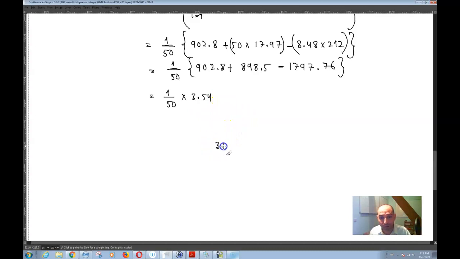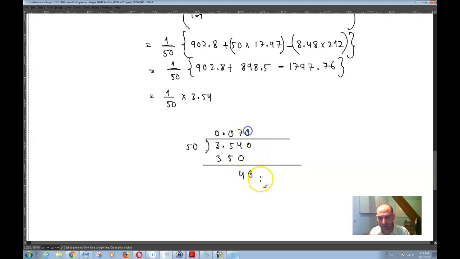So now if you have 3.54 divided by 50, you have 0.0, and then 354 divided by 50: 7 times 50 is equal to 350, remainder 4, then 8 times 5 is equal to 40.